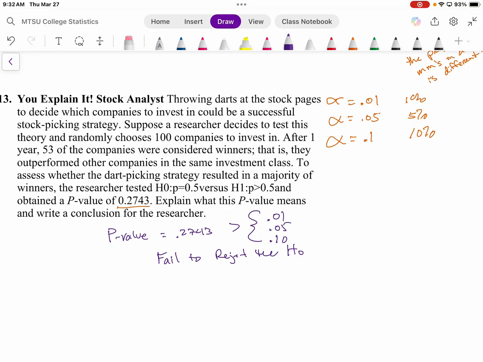That's the same thing as saying we do not reject the null hypothesis.